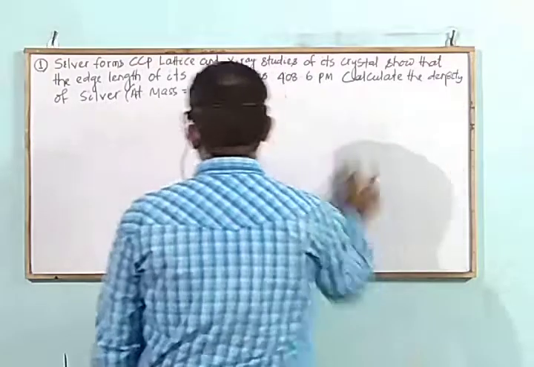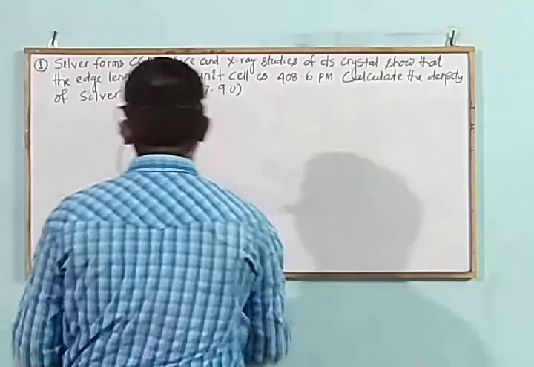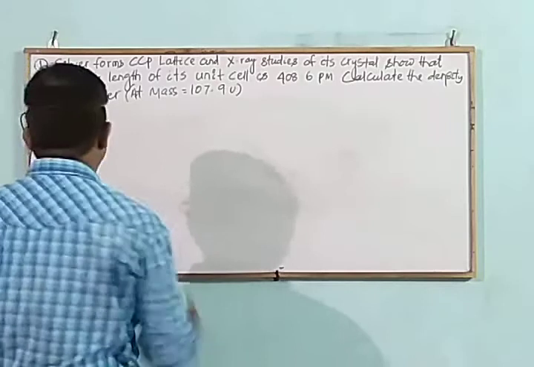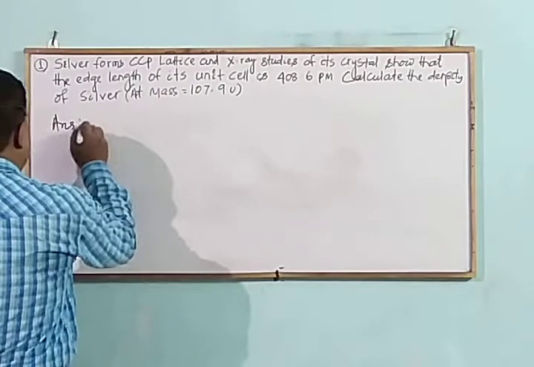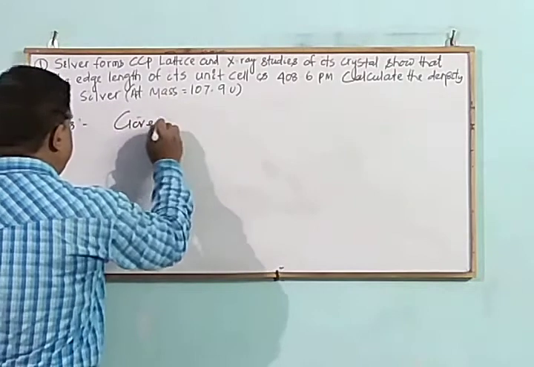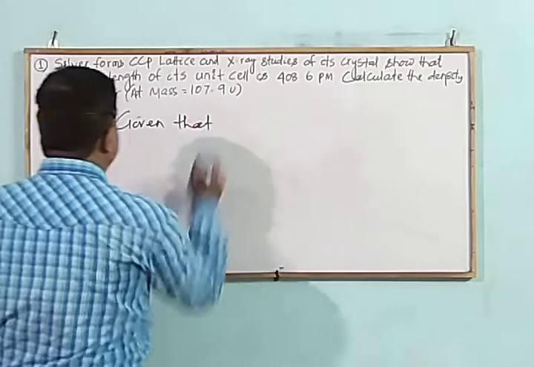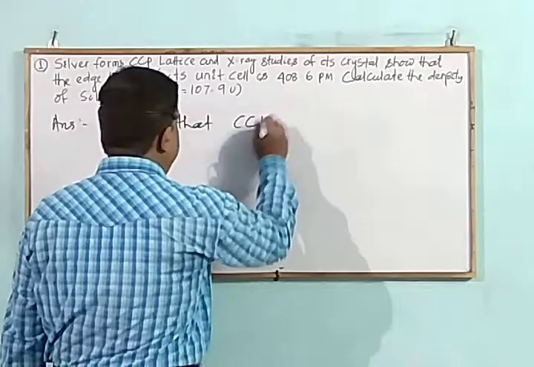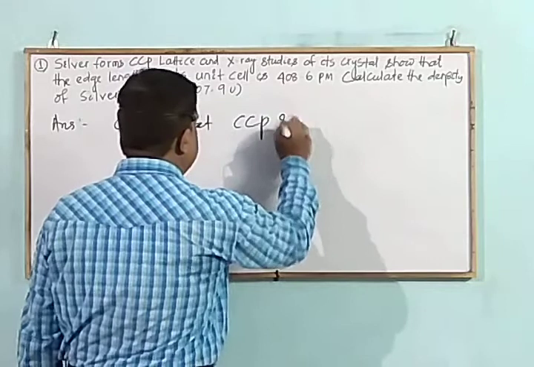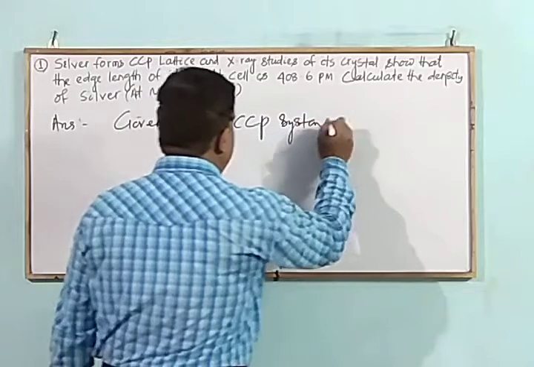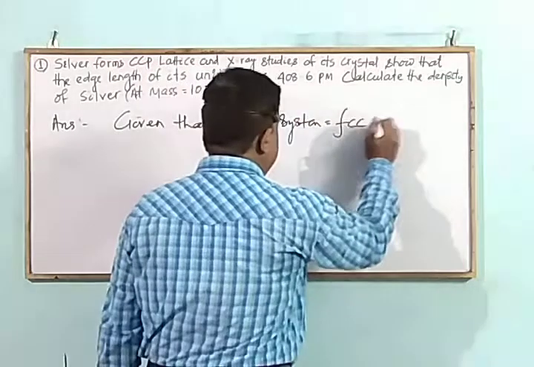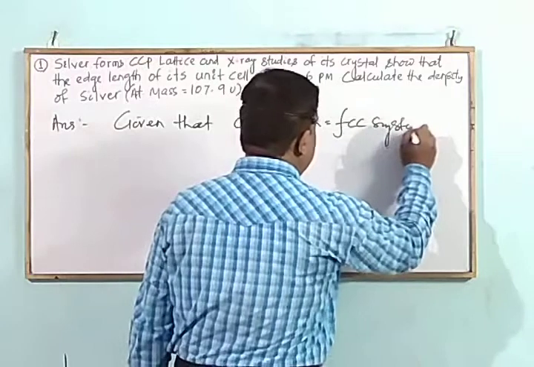What is the second problem? Silver forms a CCP lattice. Given that CCP, cubic close packing system, is equivalent to the FCC system.